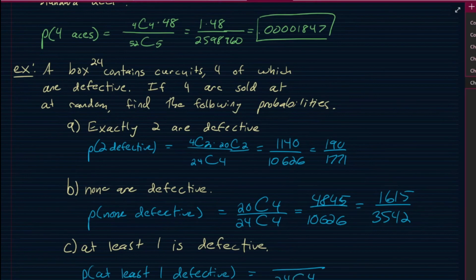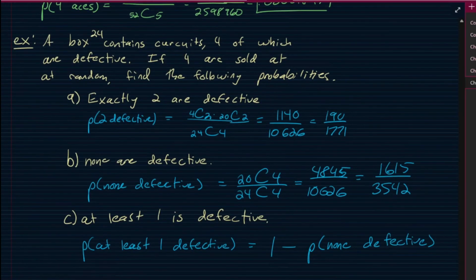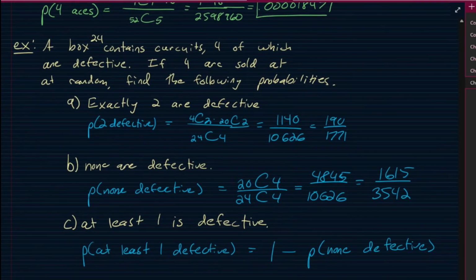Oh, sorry, I didn't do the formula. It's 1 minus the probability that none are defective. This is the complement formula that we discussed earlier. The probability of something that you want is 1 minus the probability of the thing that you don't want. It's like the opposite. And you want to use that when we see the phrase at least 1.